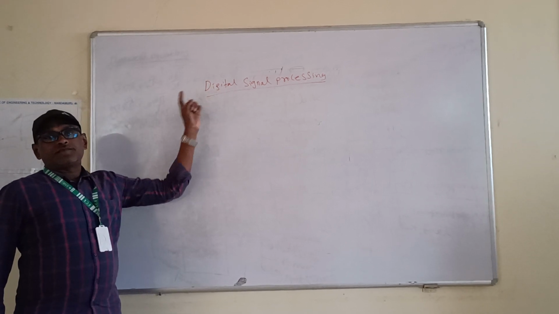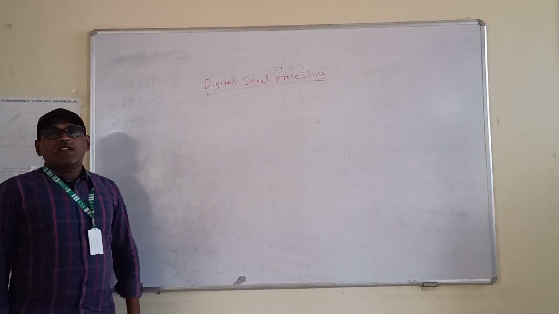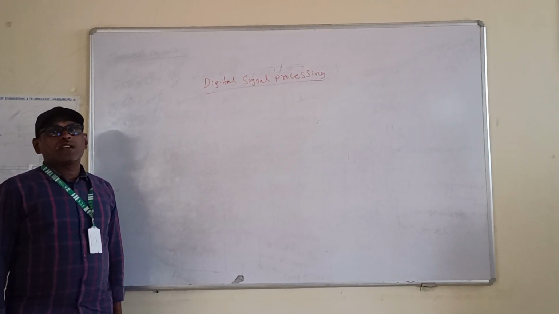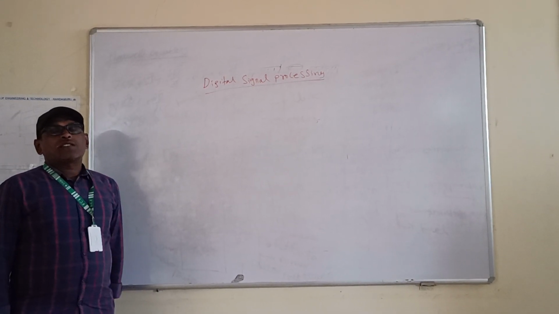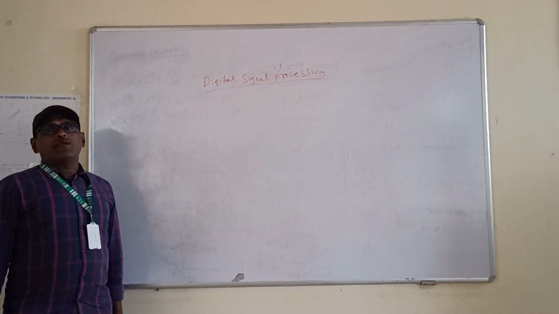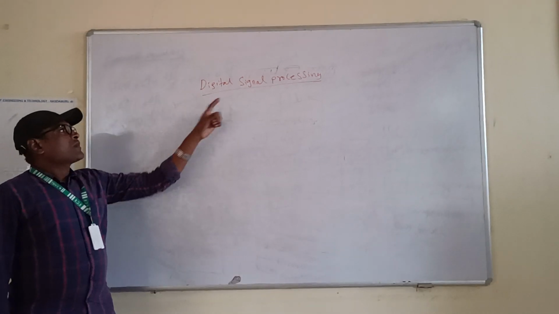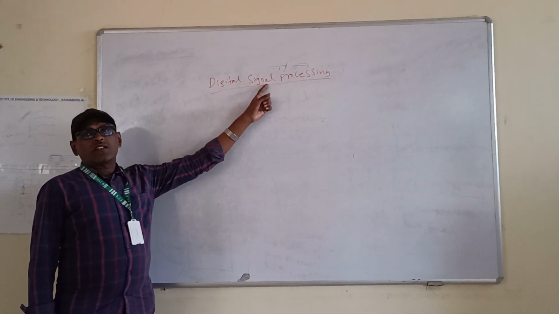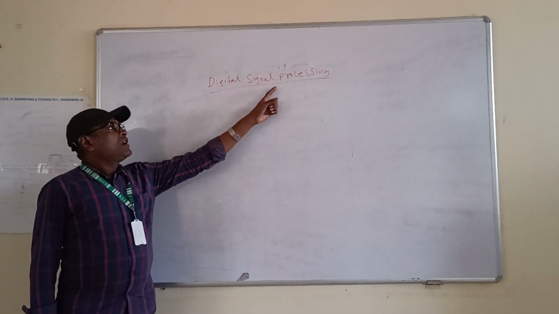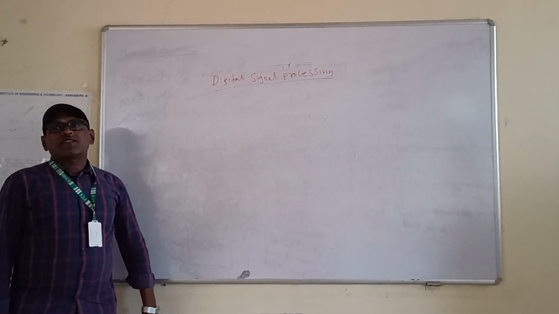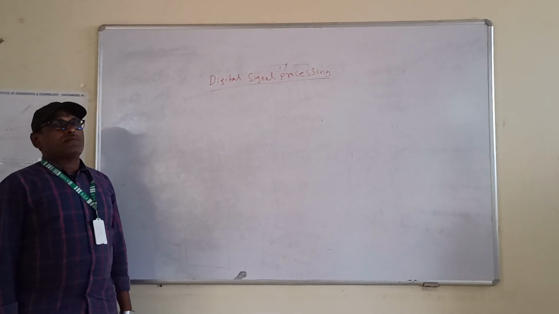Coming to digital, in the olden days, information was always sent using analog. Analog signals have many drawbacks, that's why we are going to digital. Signal means it contains some information. Coming to processing, we have to process the digital signal in many ways.